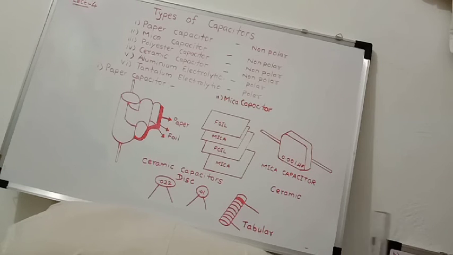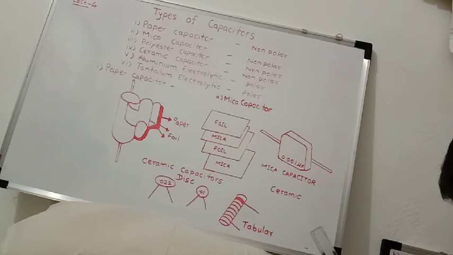It just acts as a diode, because the oxide film acts as a cathode and the aluminum electrode acts as an anode. Therefore, current flows only in the forward direction, not in reverse. So it has a polarity, positive and negative. Therefore, these electrolytic capacitors are polarized and must be connected in the proper way in the circuit.